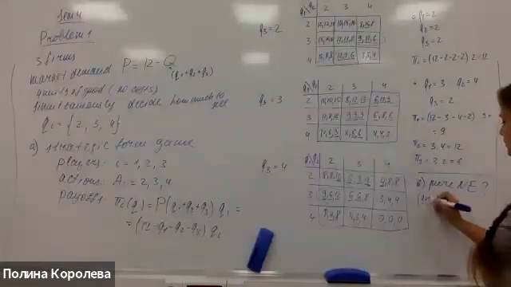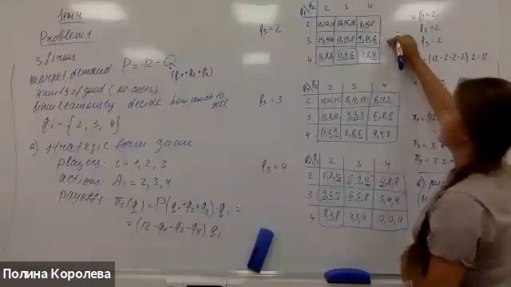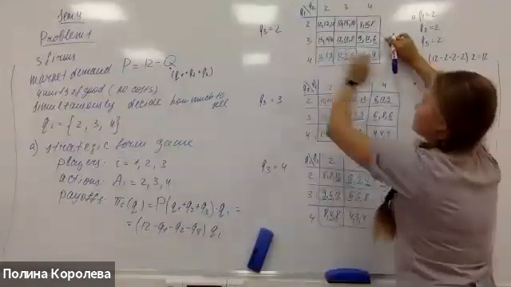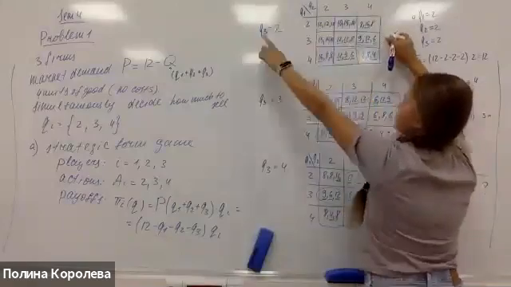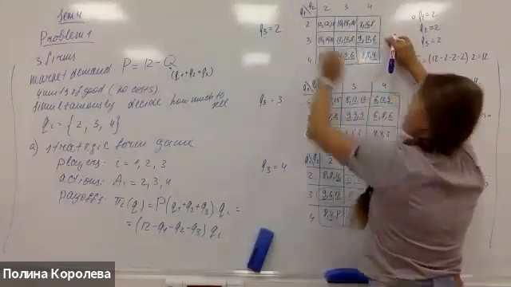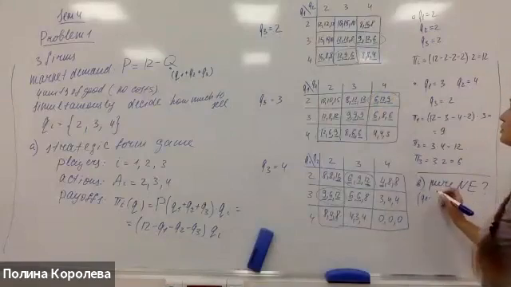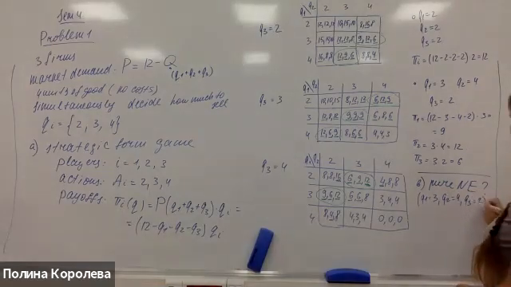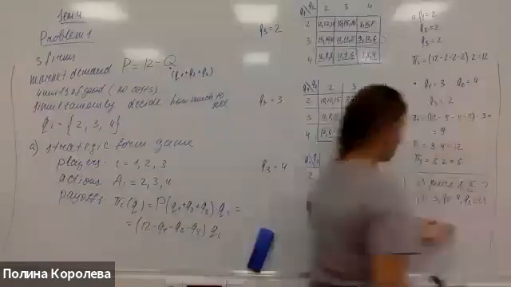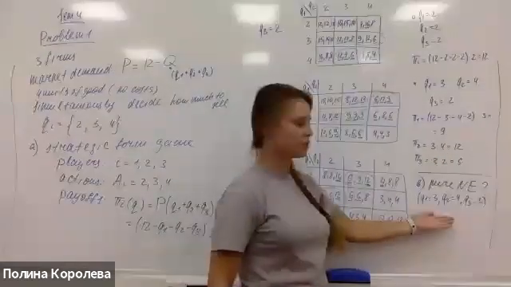For the first player, it is optimal to play 3. For the second, it is optimal to choose 4 units to produce, and for the third, to choose 2 units to produce. So for the first 3 units, for the second 4 units, for the third 2 units. This is one of the Nash equilibria.